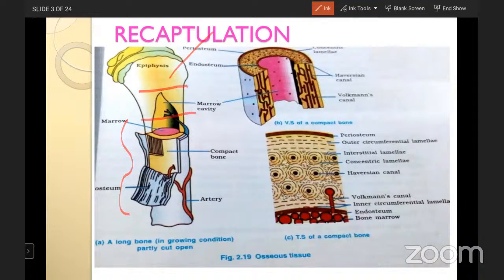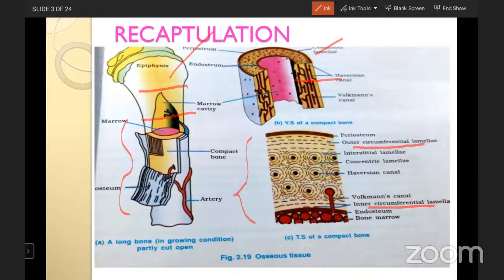Okay. The new terms of yesterday are periosteum and endosteum. Peri means the fibrous connective tissue which is covering the bone part, which is outer side, is known as the periosteum, and endosteum means which is covering the marrow cavity. So in between these two layers, the matrix which is laid in the form of lamellae is divided into outer circumferential lamellae and inner circumferential lamellae.